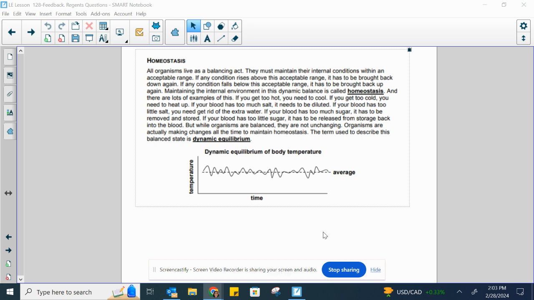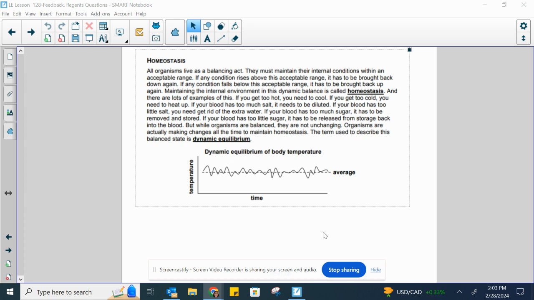Okay, so as we think about homeostasis, homeostasis is maintained by feedback mechanisms. To quickly review, I know that you know what this is all about. We've talked about it before. Another term for homeostasis is dynamic equilibrium.